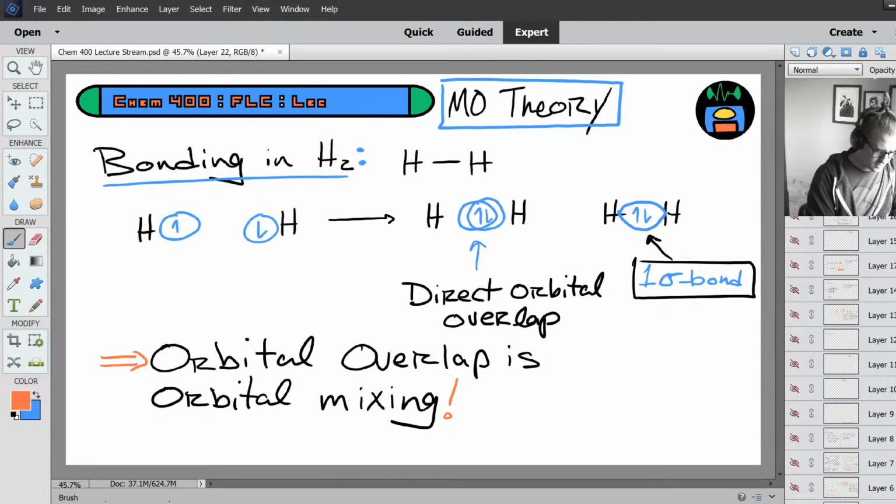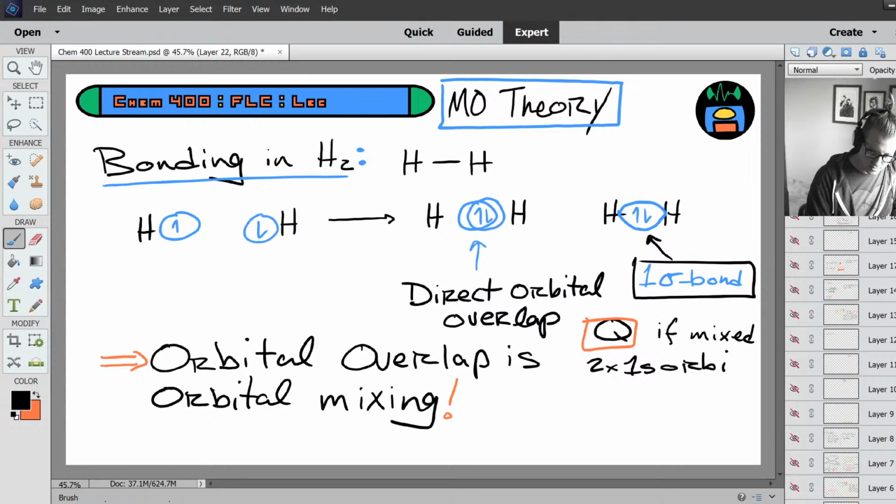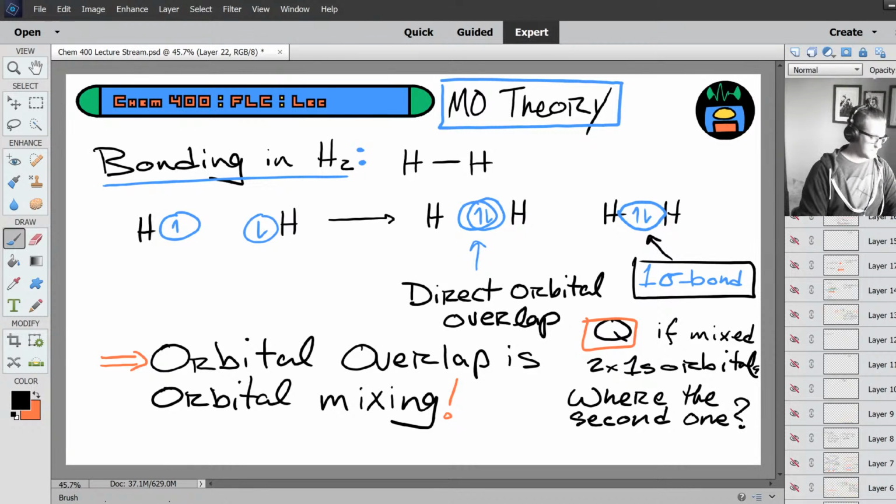So the question is, if we mixed two 1s orbitals, where's the second one?